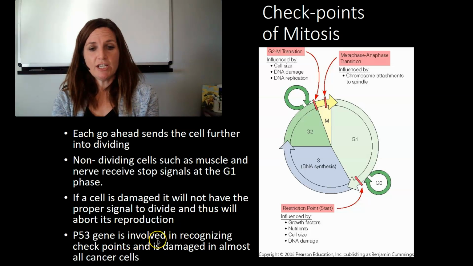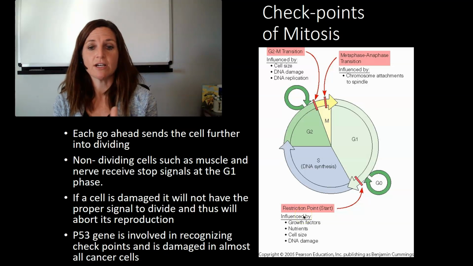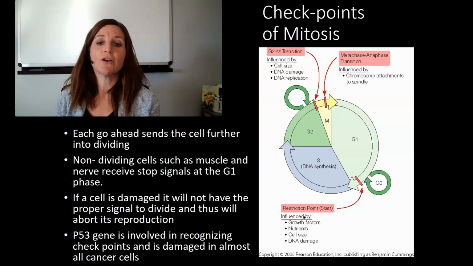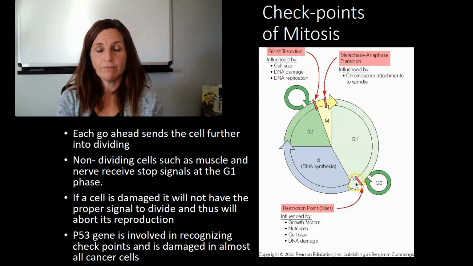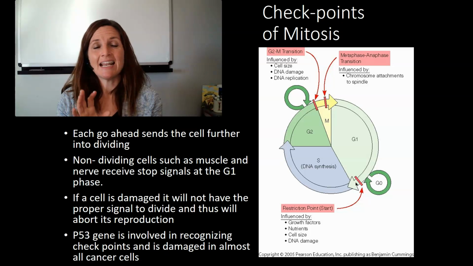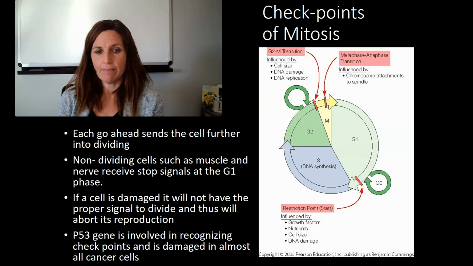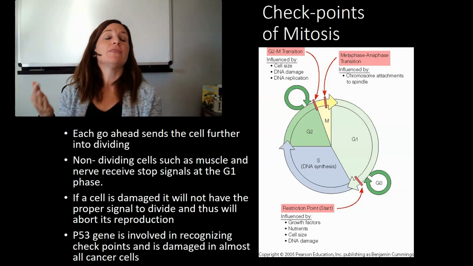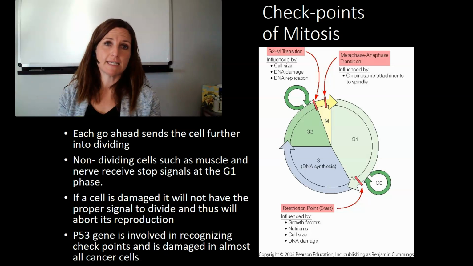P53 is a gene involved in this first restriction checkpoint. And when P53 is damaged, cells will enter into the S and G2 phase even if they're not healthy, even if they don't have growth factor, even if their DNA is damaged, they're going to jump this checkpoint. And so what we see is in almost every cancer cell, P53 is damaged. That doesn't mean that a damaged P53 causes cancer.